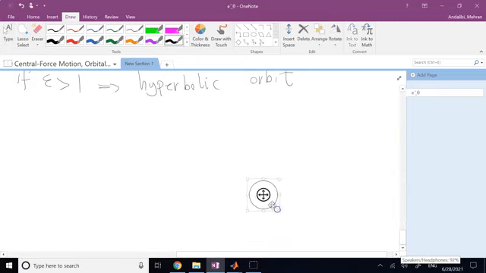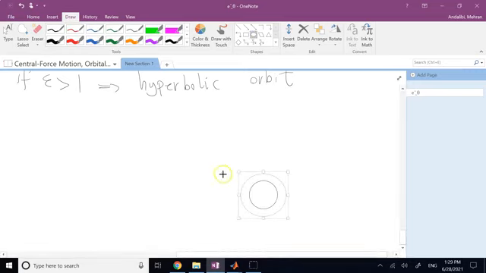So let's say this is the Earth. Then we have the circular orbit.